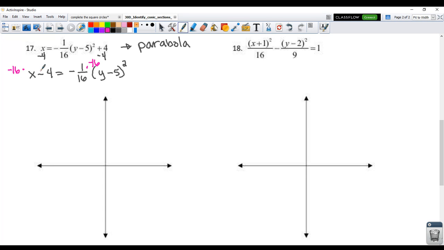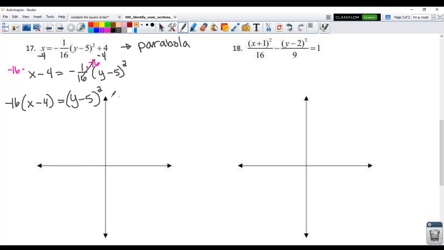We want it to be on the other side with the non-squared thing. So we multiply by the denominator in order to get rid of it. So this in standard form is negative 16 times x minus 4 equals y minus 5 squared. Now this is your standard form for a parabola, just like this.